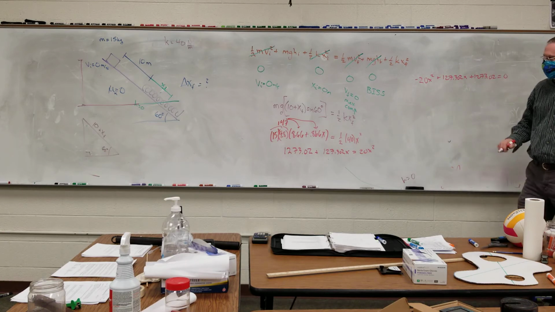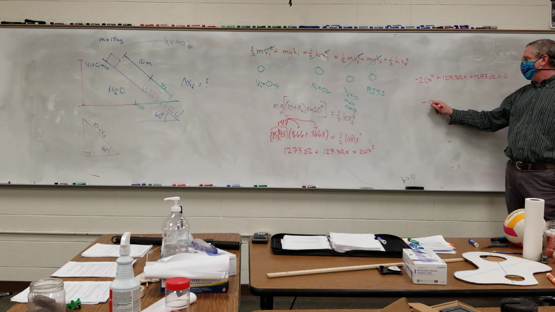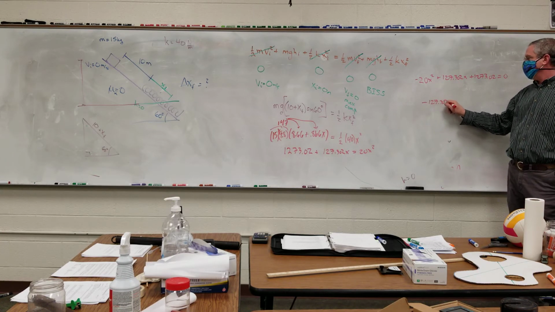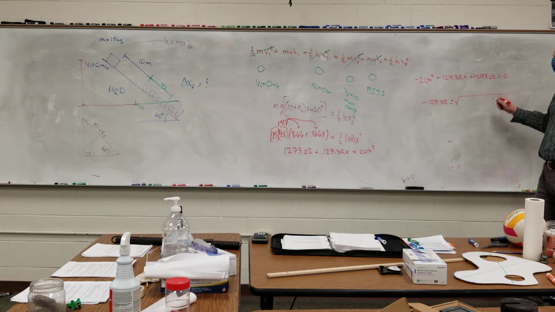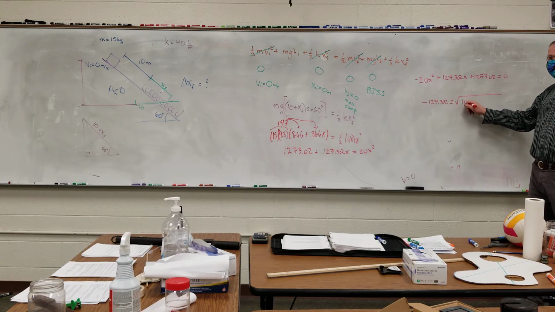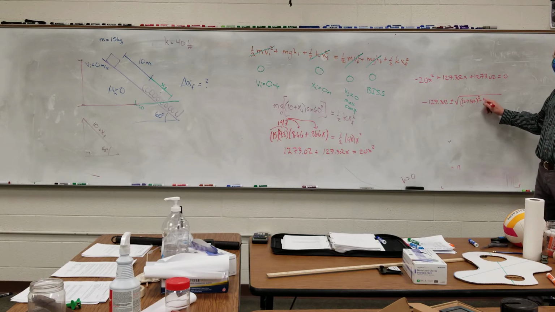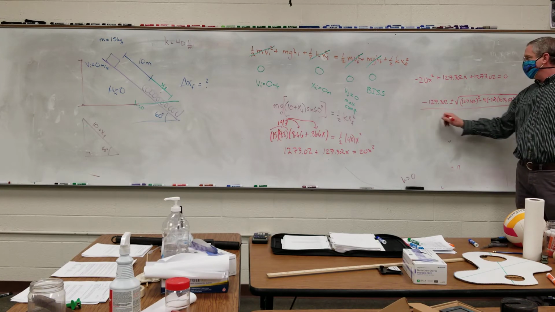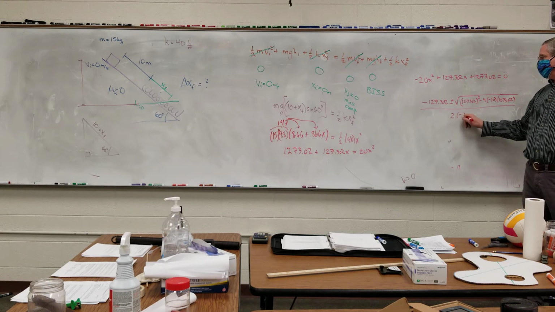And then quadratic formula time: negative 127.302 plus or minus the square root of 127.302 squared minus 4 times negative 20 times 1273.02, divided by 2 times negative 20.